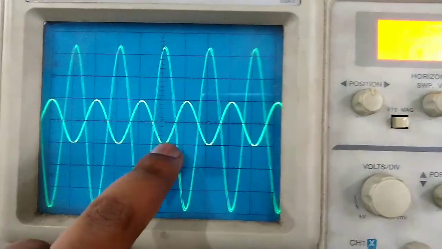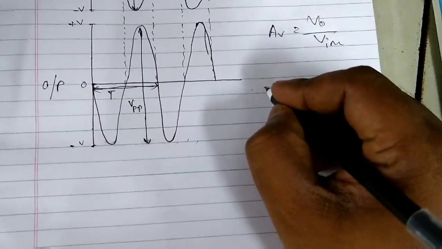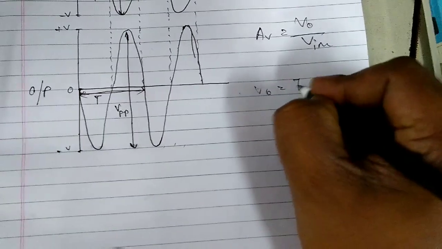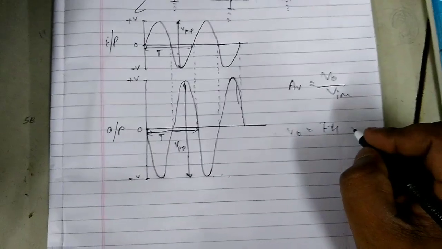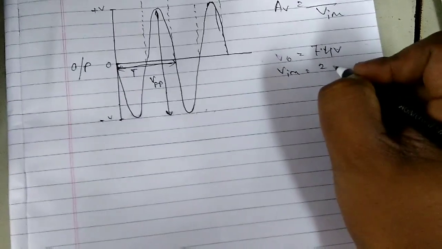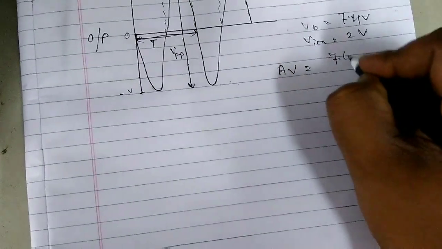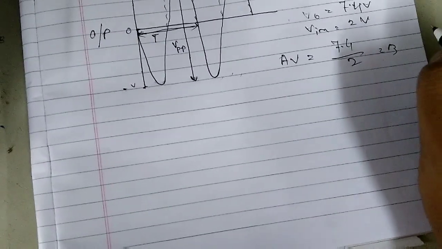So we have 2 volts of input signal peak to peak value and 7.4 volts of output signal peak to peak value. Now if I calculate the gain, V0 equals 7.4 volts and Vin equals 2 volts. So AV is equal to 7.4 by 2, it is 3.7.